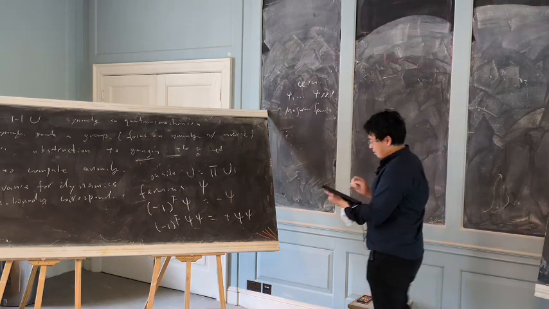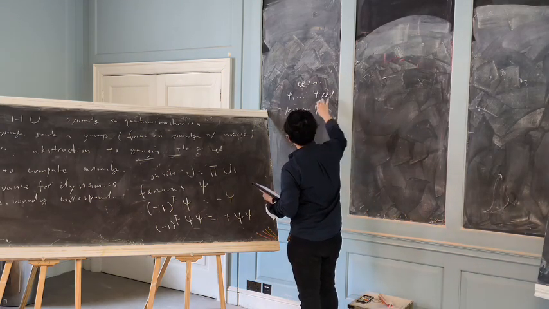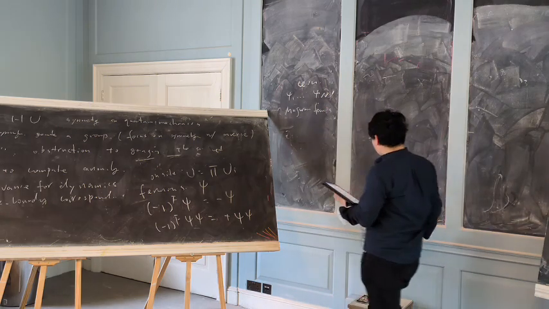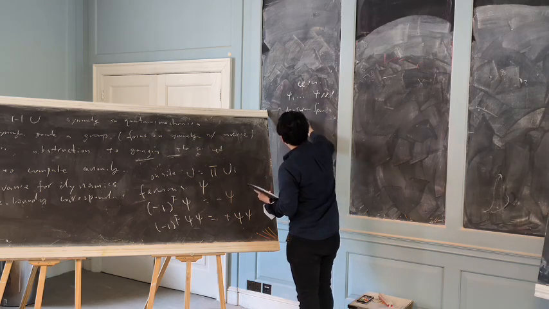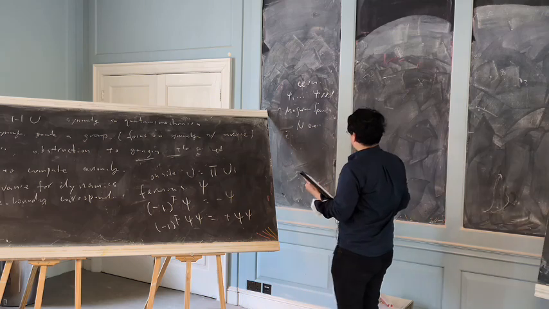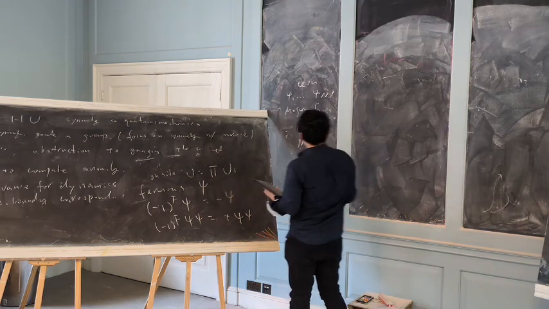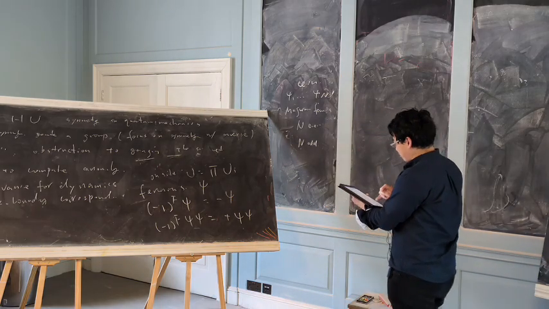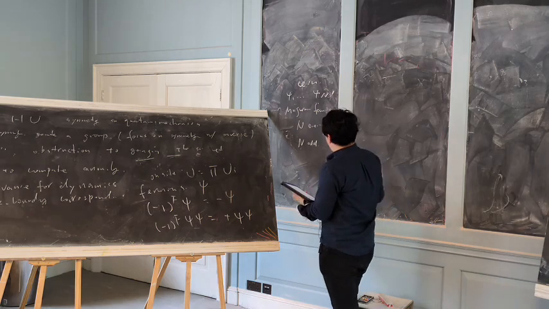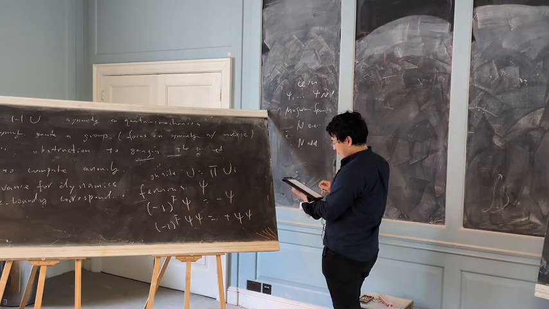For my purpose, let me consider when n is even and n is odd separately. If n is even, then this is the system I'm going to consider. When n is odd, I'm going to add an additional Majorana fermion, just to make sure that the total number of fermions is even, and this extra Majorana fermion is not going to do anything.